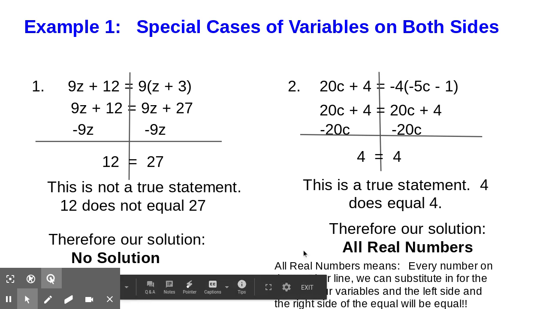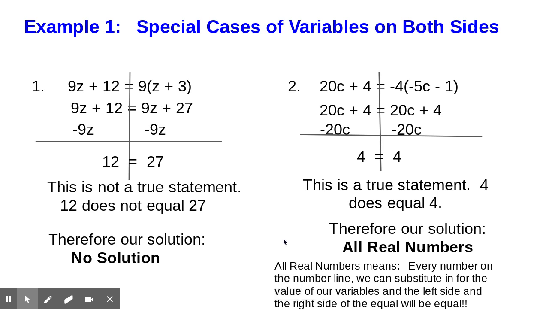So again, what does this mean? What does all real numbers mean? All real numbers means that every number on the number line, we can substitute in for the value of our variables, and the left side and the right side will be equal. Okay, meaning I can put any number into my C that I want to.